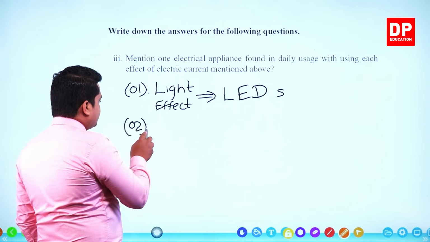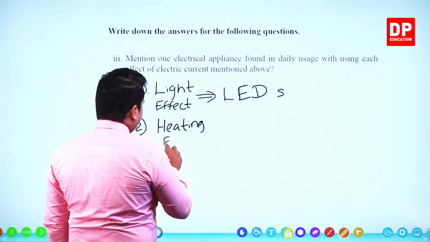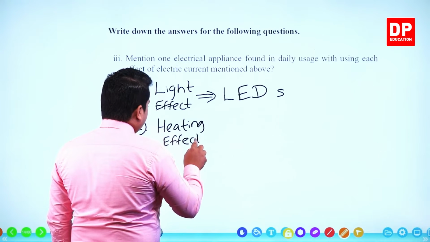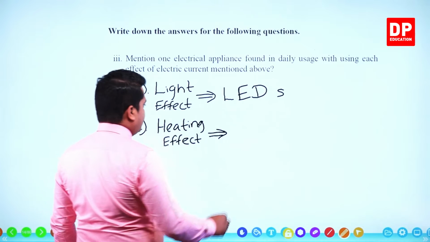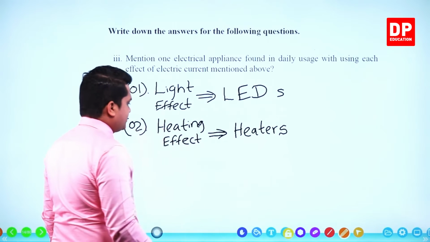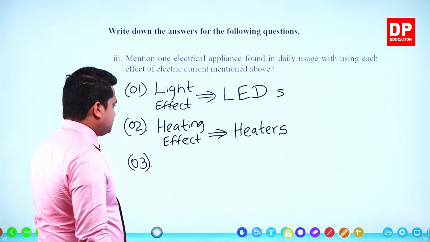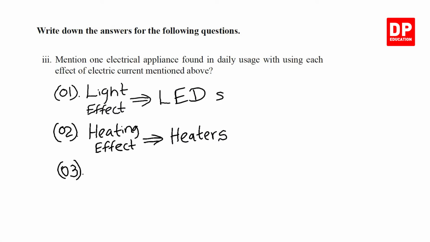Number 2, heating effect: heaters. Then number 3, magnetic effect: electric bells.